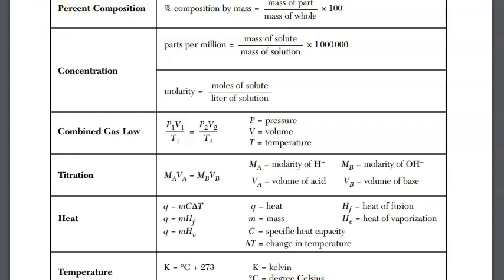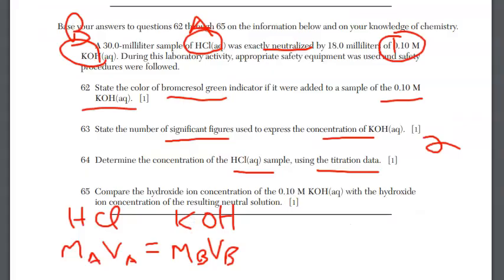Let's go back. Notice I wrote down the equation. I think it's very important that you do, or you have a piece of scrap paper, or you do it on the test here as you're going through it. And I also recommend for students you put the acid, in this case HCl, on the acid side and the base KOH on the base side. If we go back to our reading passage, 30 milliliter sample of HCl.